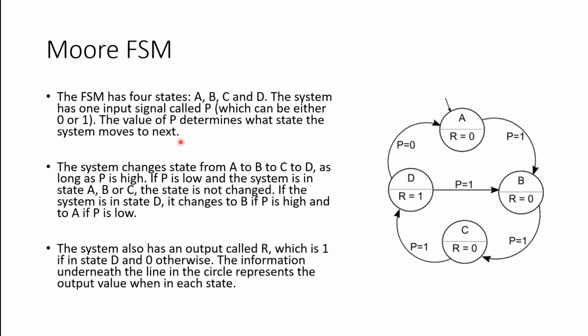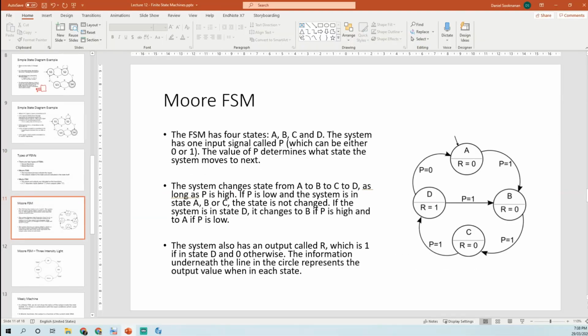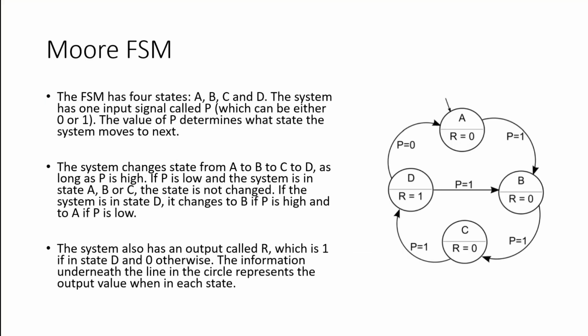So let's take a look at the Moore finite state machine. In this finite state machine, I have 4 states: A, B, C, and D. The system has one input signal P. Note that P can take on a value of either 1 or 0; P is just some binary signal.